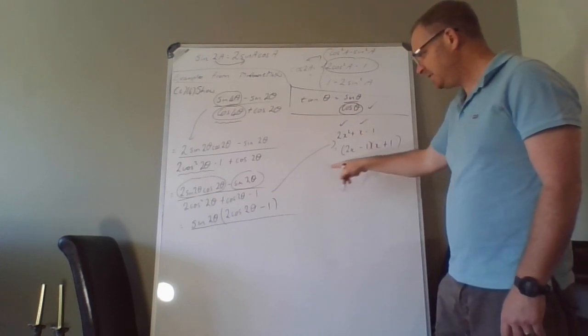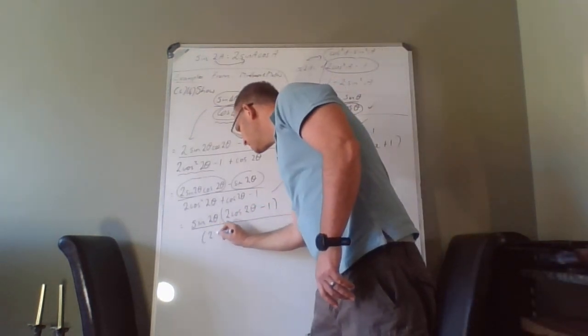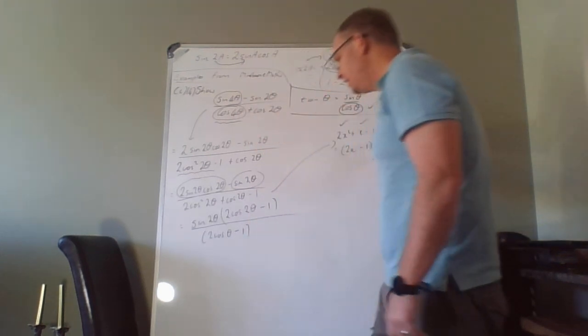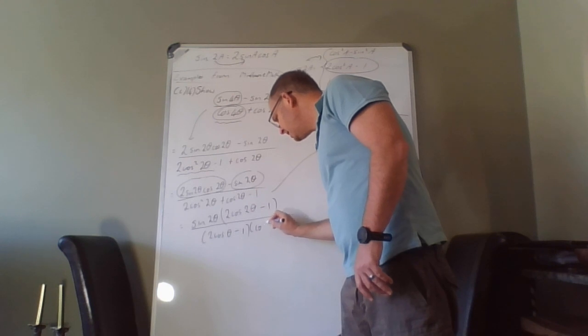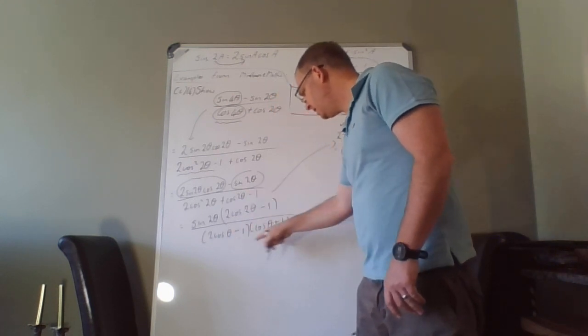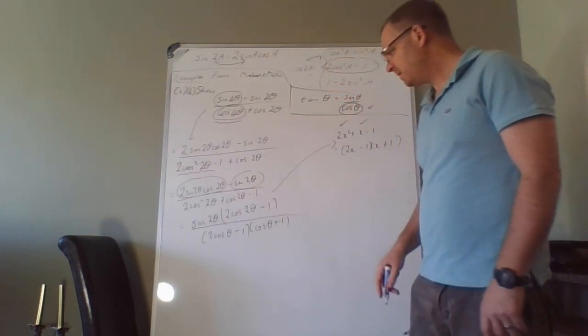So using that pattern, that would factorize to 2 cos theta minus 1, cos theta plus 1. You don't have to show this, by the way. If you times it out, you get 2 cos squared theta plus 2 cos theta minus cos theta is plus cos theta minus 1, right?